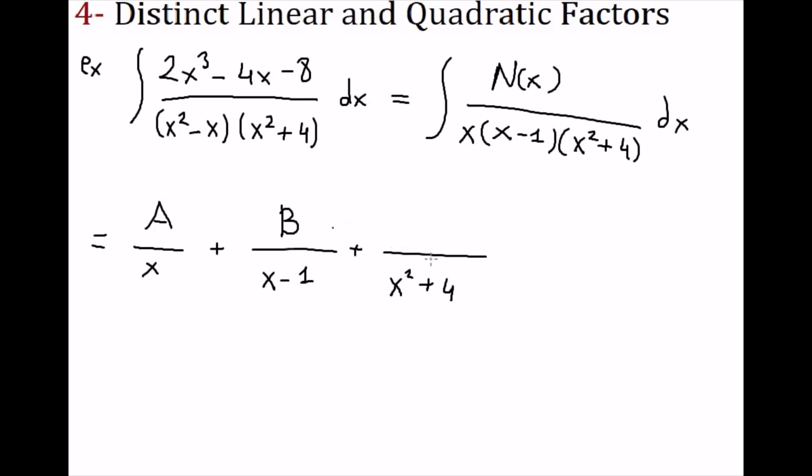We assigned A, B, so now we are at C, Cx plus D. Now this fraction is equal to this fraction. Now we have to solve for A, B, C and D.